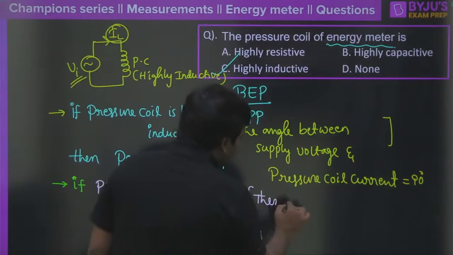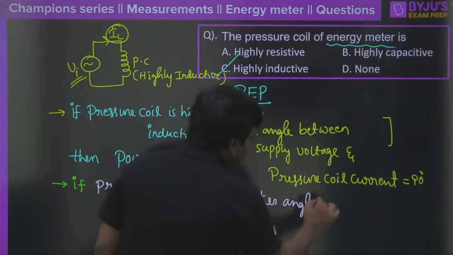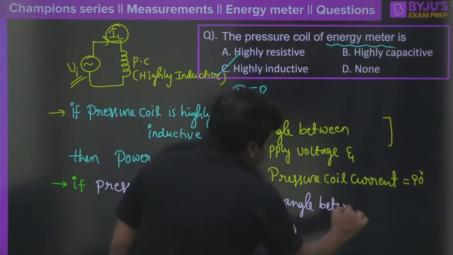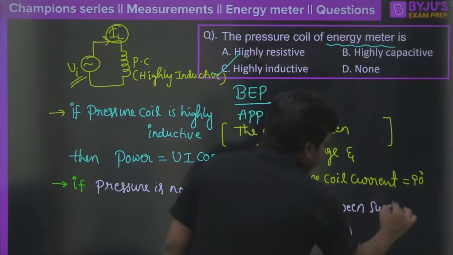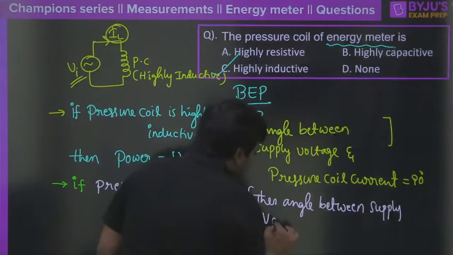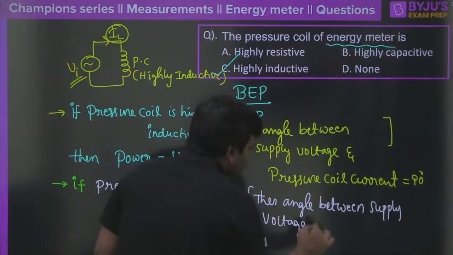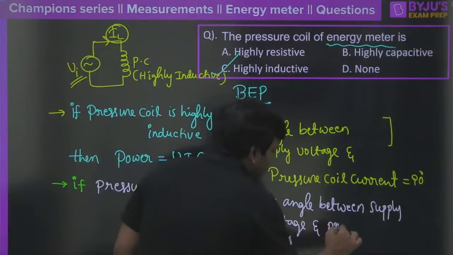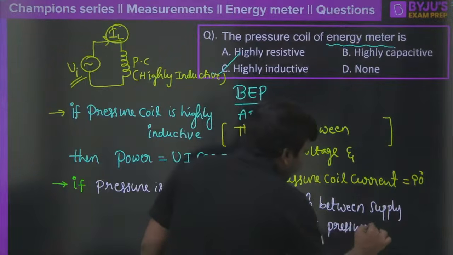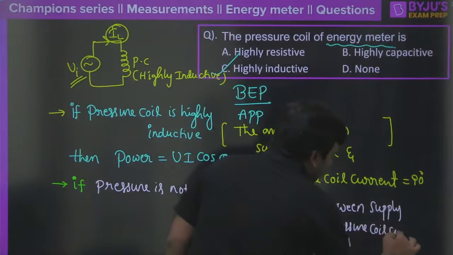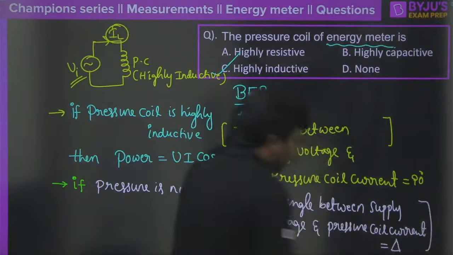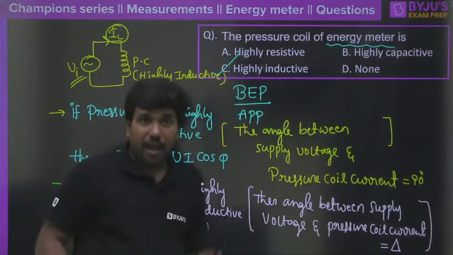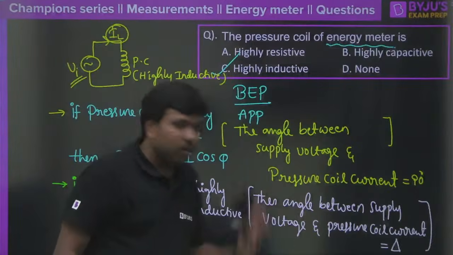The angle between the supply voltage phasor and the pressure coil current, pressure coil or potential coil, both are correct, will be some angle, let us say delta. Delta is the angle that exists between the supply voltage and the pressure coil current.